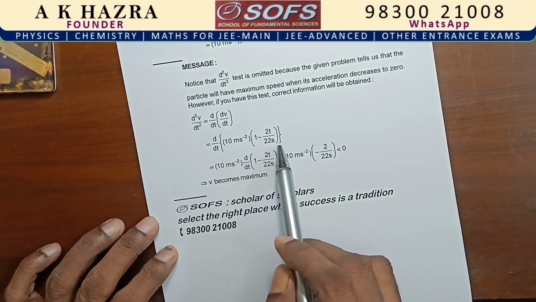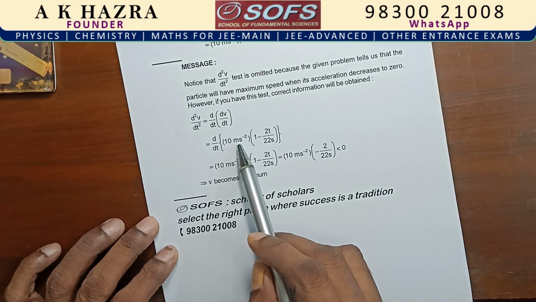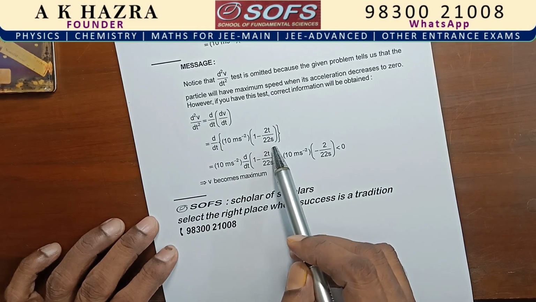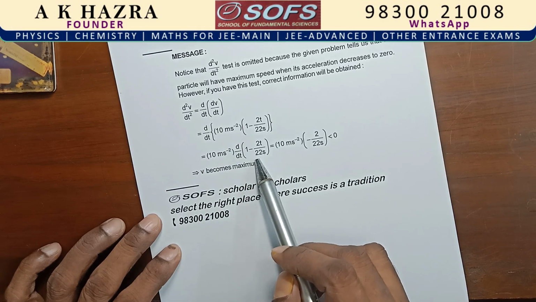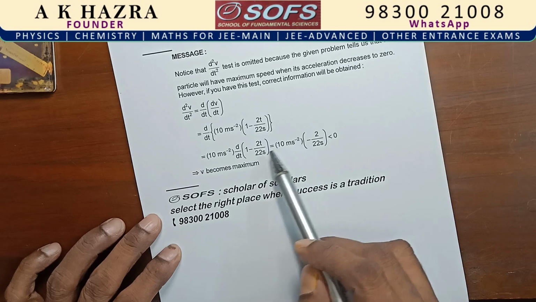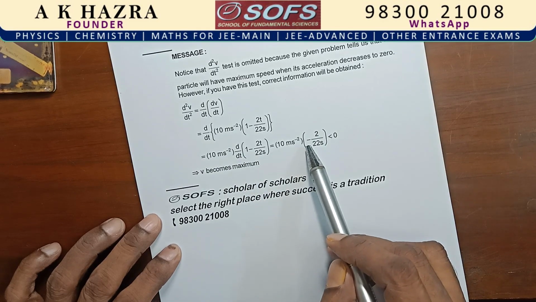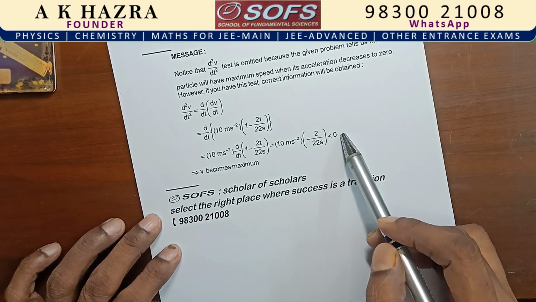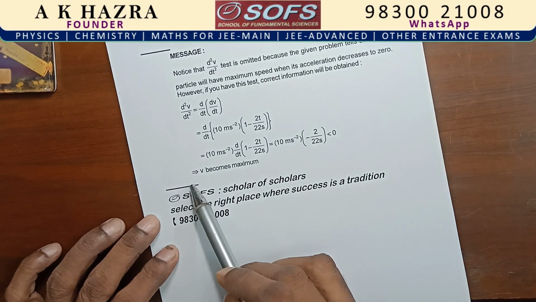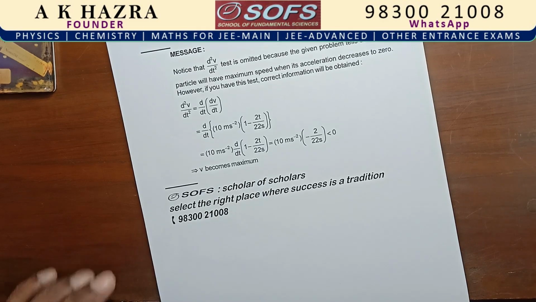Put the expression for dv/dt that we have found: 10 m/s² times d/dt of (1 - 2t/22 s). d/dt of 1 is 0, minus 2 times d/dt of t, which gives 2 by 22 seconds. Clearly you see it is less than 0. So obviously this implies v becomes maximum.